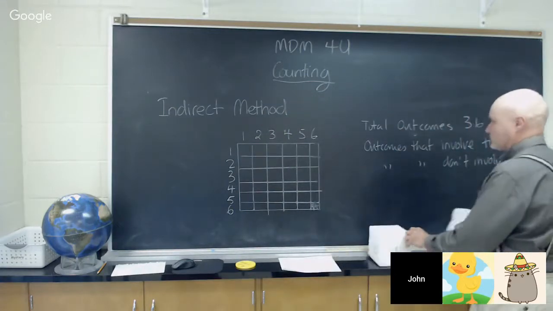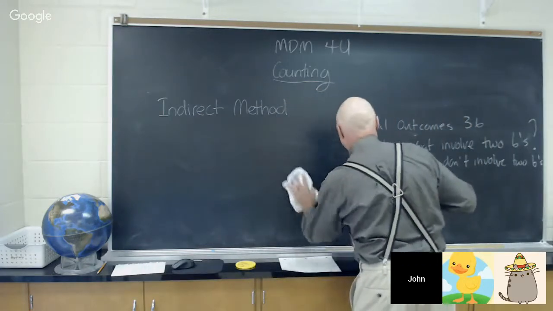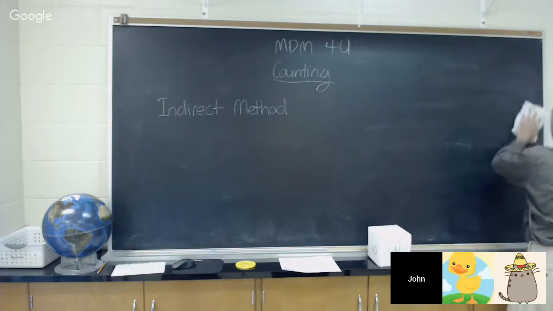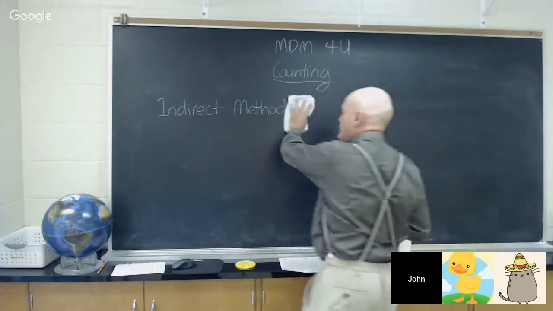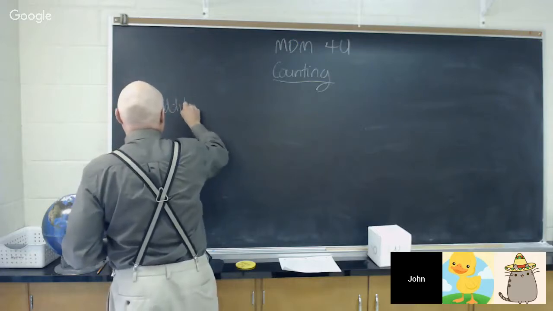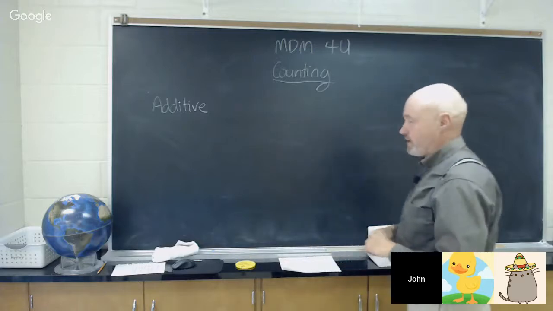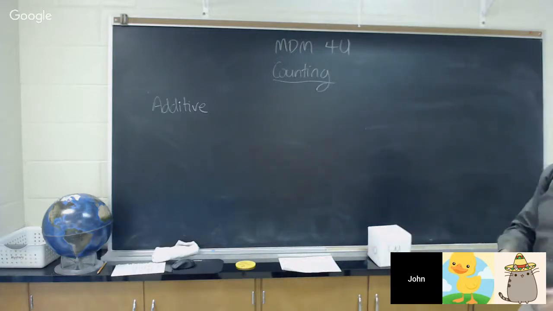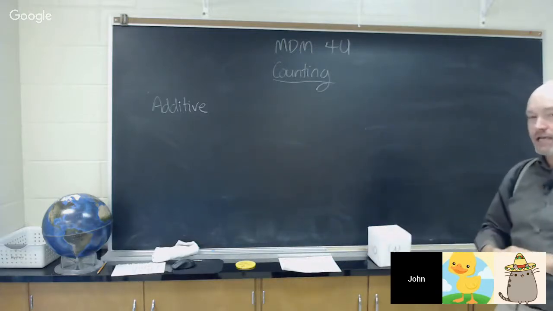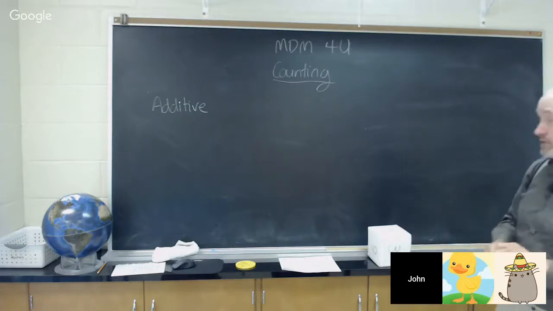Okay. Finally, we're going to look at the additive principle. The additive principle is the one that we use when the outcomes involve mutually exclusive events. And so if one set of things can happen, another set of things can happen, but you can't have both things happen at the same time.